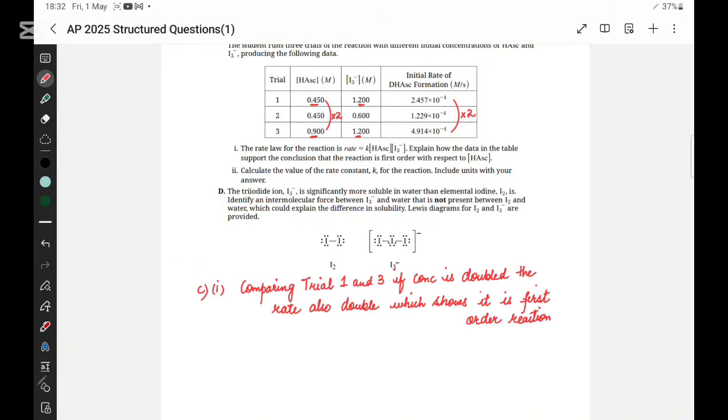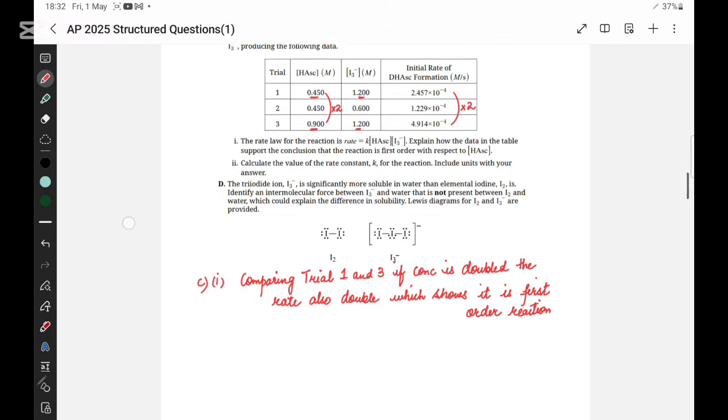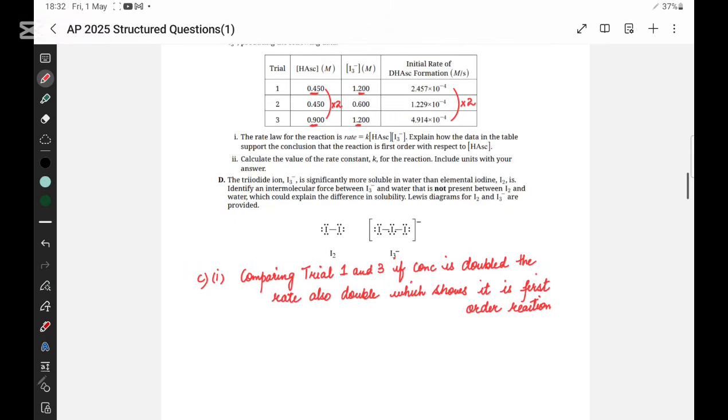So the next question, calculate the value of rate constant k for the reaction. We want to find out the value of the rate constant. k is equal to, we can put rate at the top, and at the bottom is going to be [HASC] over [I3⁻]. We can use any trial. Let's use trial 1. For this trial, the rate is 2.457 times 10 to the power minus 4.